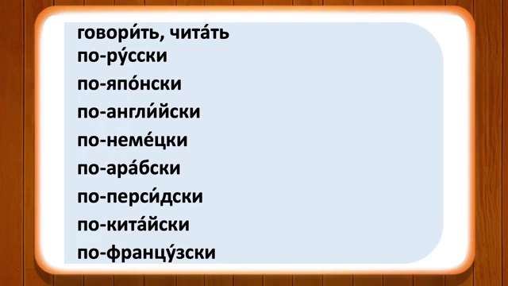With these two verbs, the forms that you can use are по-русски, по-японски, по-английски, по-немецки, по-арабски, по-персидски, по-китайски, по-французски. По-русски means in Russian, it is an adverb. По-японски means in Japanese.